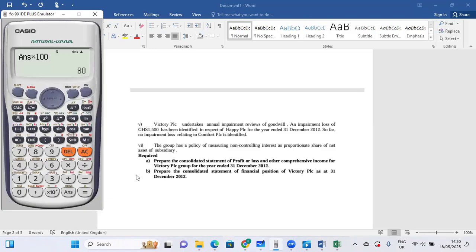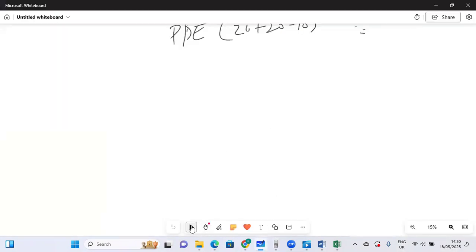So now, first, they are telling us to prepare the consolidated statement of profit or loss and other comprehensive income for the Victory PLC Group for the year ended, and then prepare the consolidated statement of financial position of Victory PLC as at 31st December 2012. So now, first, we start with what? Group structure.